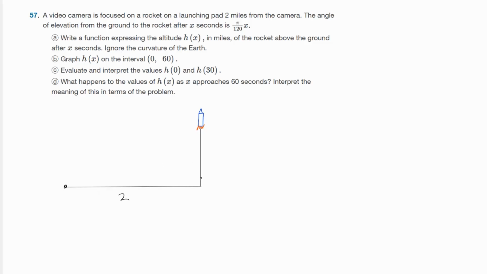We're assuming the rocket's going straight up, so there's a straight angle there. And we're creating a right triangle. And we'd like to know the height. We'll call this side h for height. And we actually want the height in terms of x. Well, what's x? x is actually involved with this angle here, and it's pi divided by 120 times x.